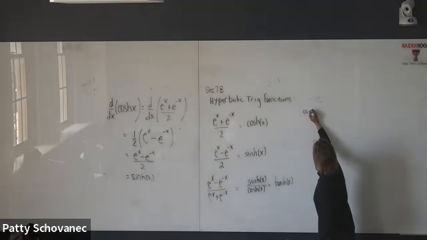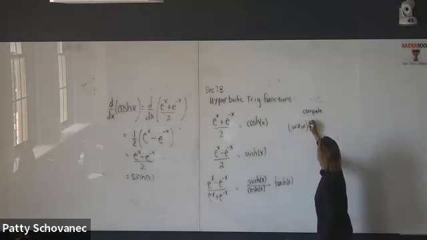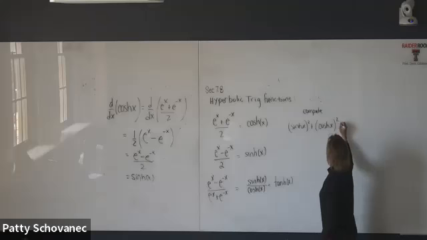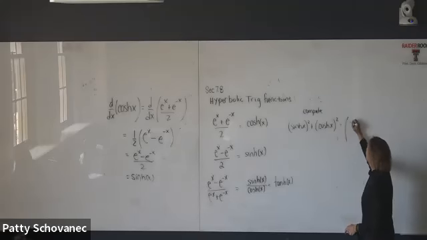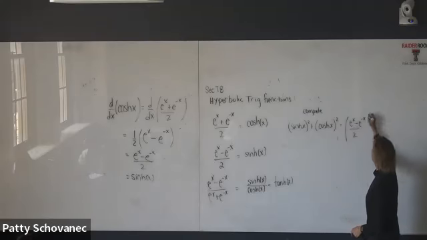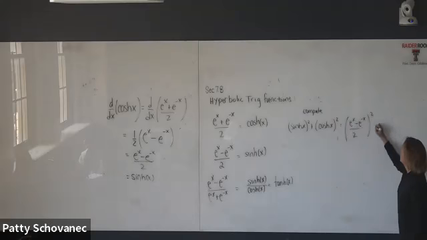Let's compute hyperbolic sine squared plus hyperbolic cosine squared by taking their exponential versions, e to the x minus e to the negative x over 2 squared plus e to the x plus e to the negative x over 2 squared.